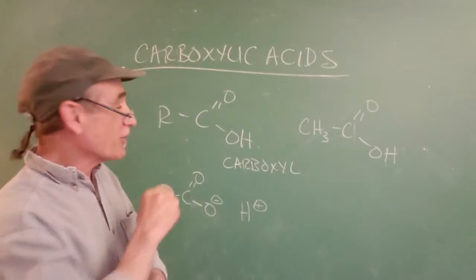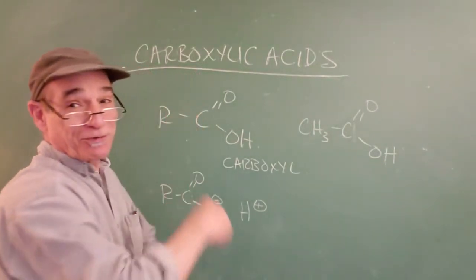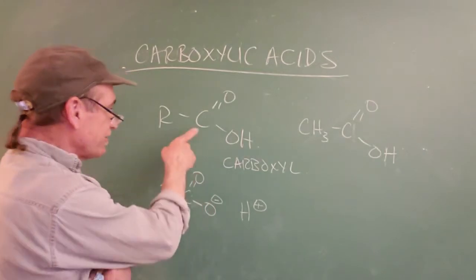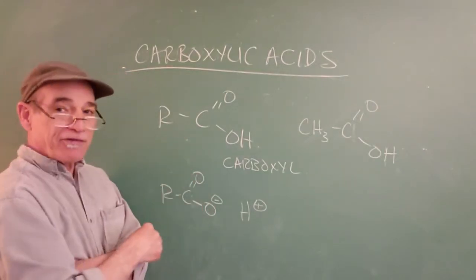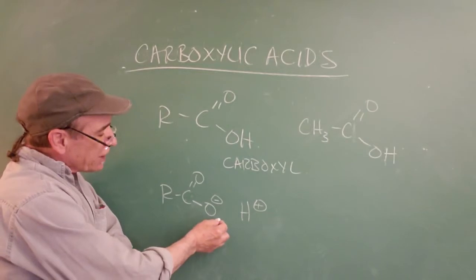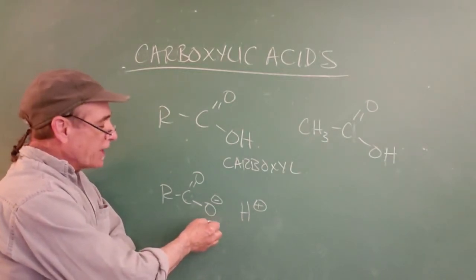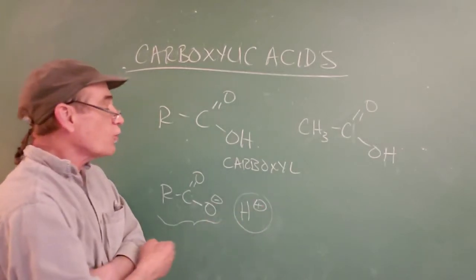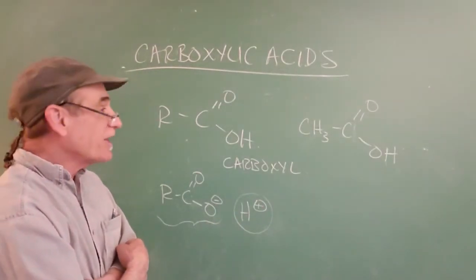Now, this is typical of a carboxylic acid. That's what they're referred to as. Now, it's interesting that when you throw them in water, at least if the hydrocarbon chain is short enough, they'll dissolve in water and they'll split up weakly into a carboxylate anion and a hydronium ion. So they are weakly acidic.